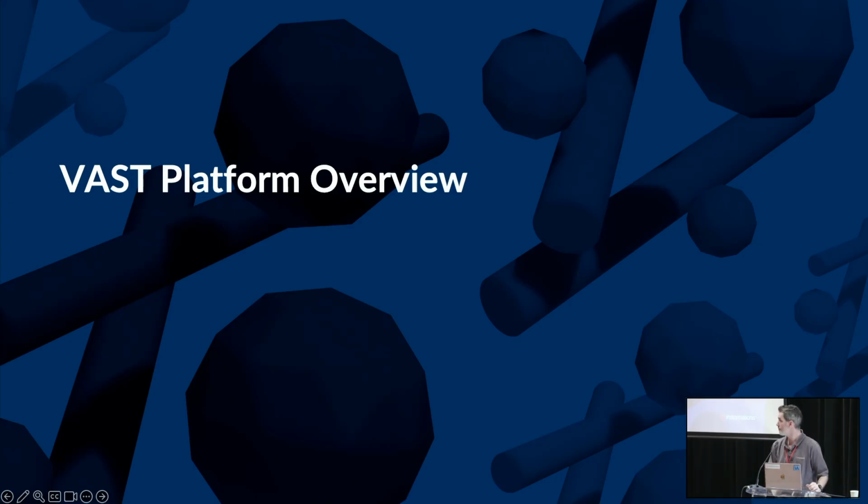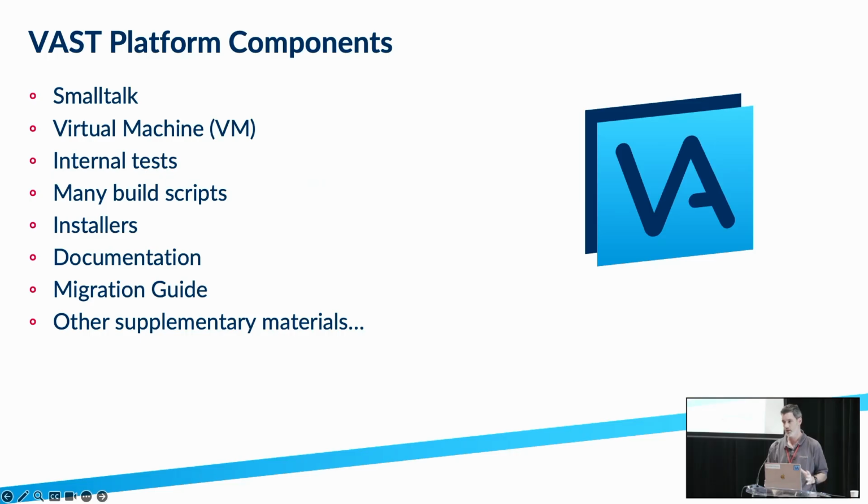So, as I said, as a quick introduction, VAST is not only the Smalltalk language, but of course we have things like the virtual machine, which is another big section of the product.